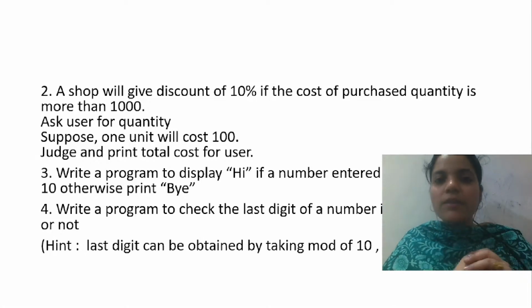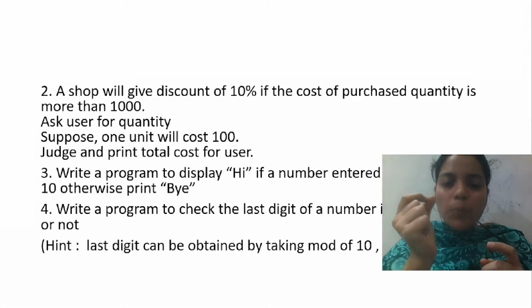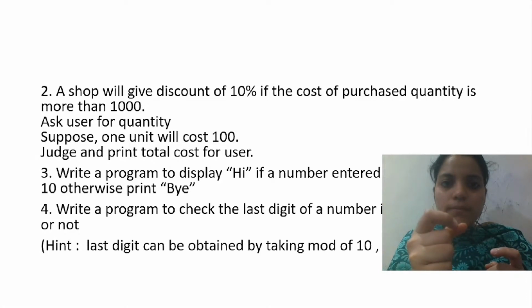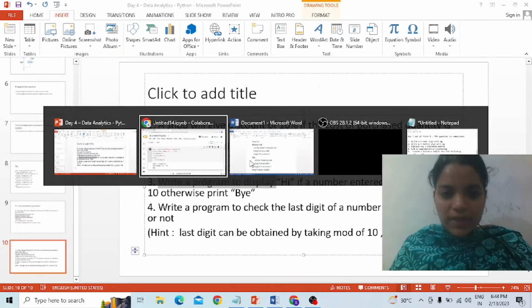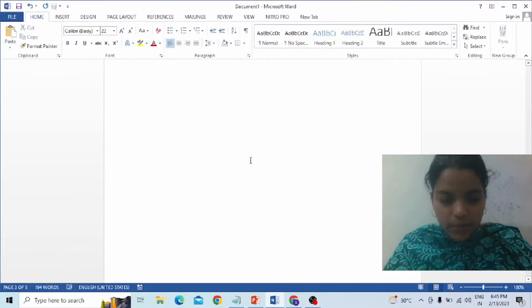I've kept one hint written there. The last digit of any number can be obtained by dividing the number with 10. How? For example, if the number is 478.